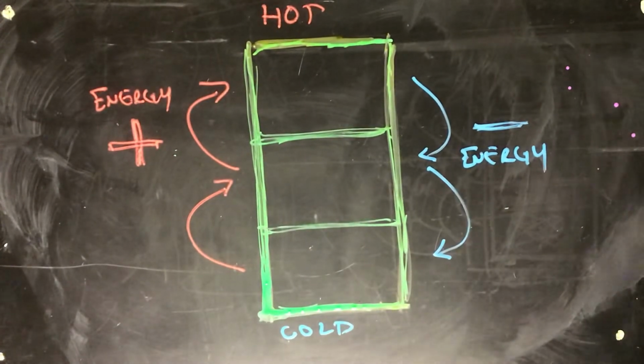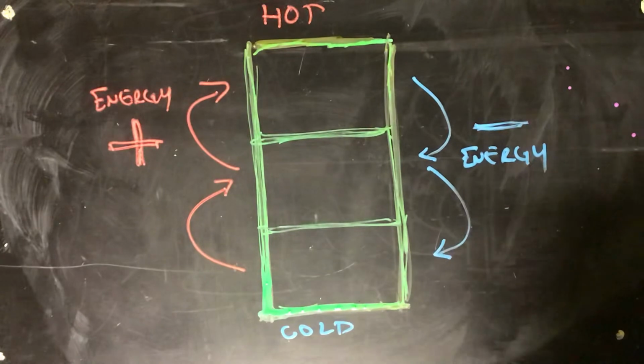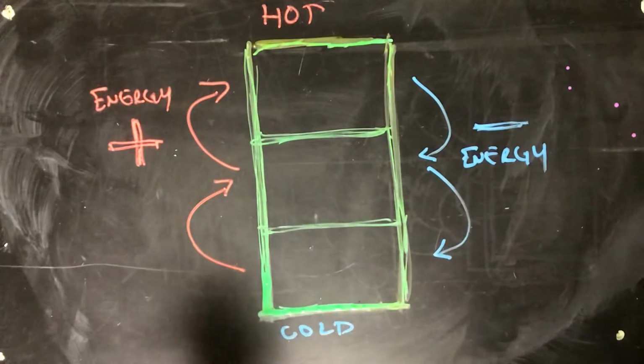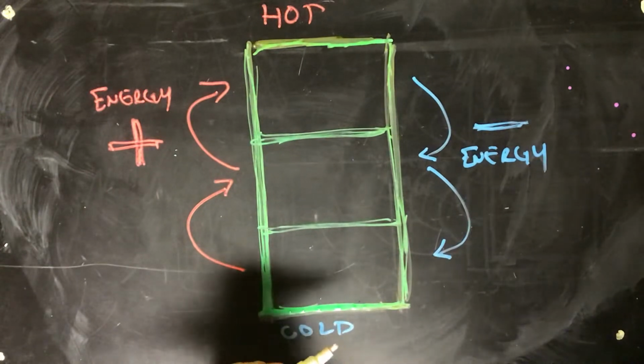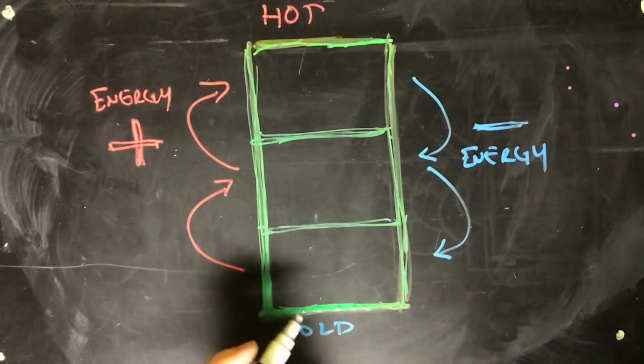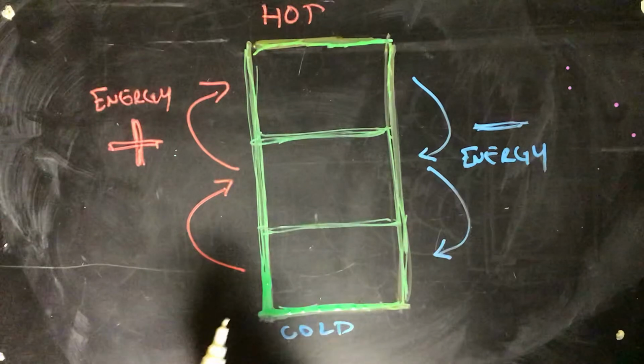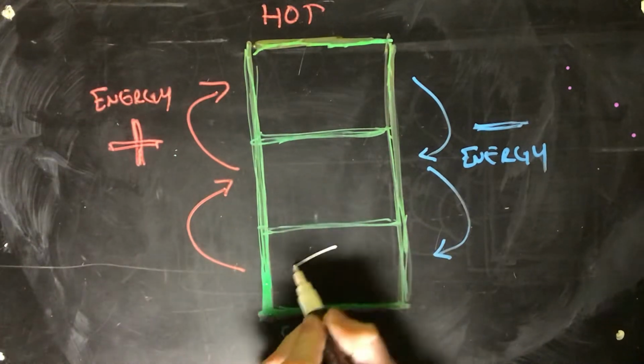All right. So if you think about it, we're going to use water because that's what we're studying, the water cycle. So at the very, very bottom, the coldest phase that water exists in is ice. Okay, so I'm going to draw some ice cubes.